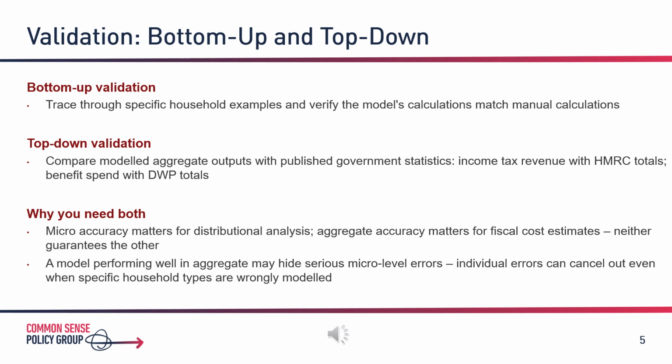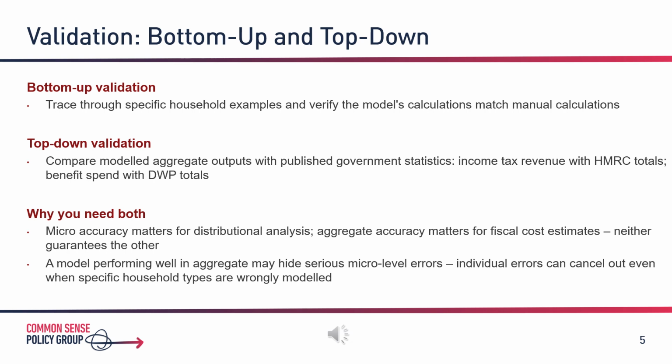This does not necessarily tell you where the error is. It could be in the data, the uprating, the modelling of specific reliefs, or several other places, but it tells you the model is not accurately representing the overall fiscal position.